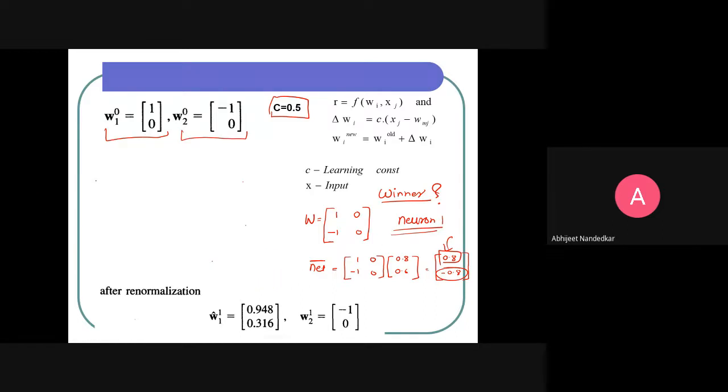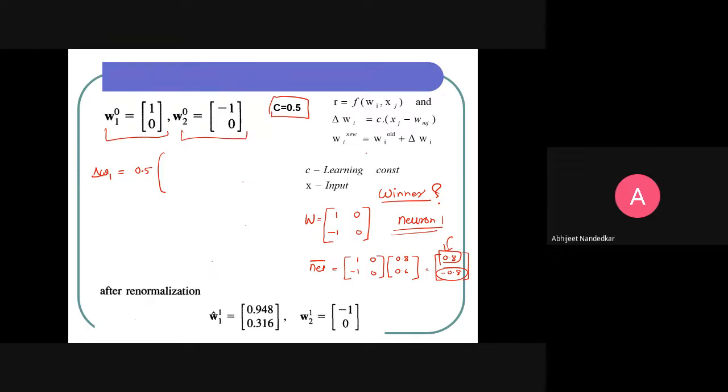Now what we will do is compute this change in weight for the first neuron, because that is the winning neuron. This will be equal to the learning constant 0.5 multiplied by (x minus w).